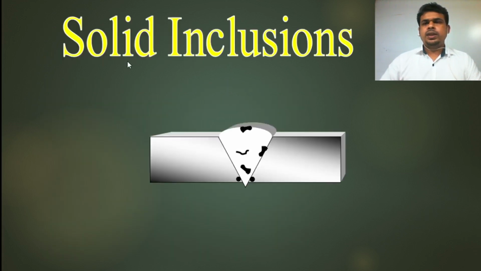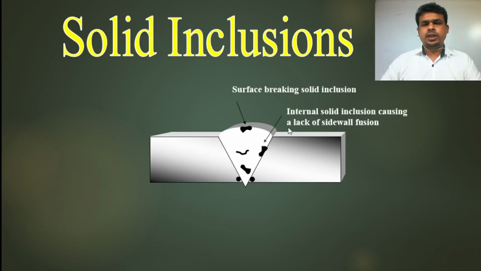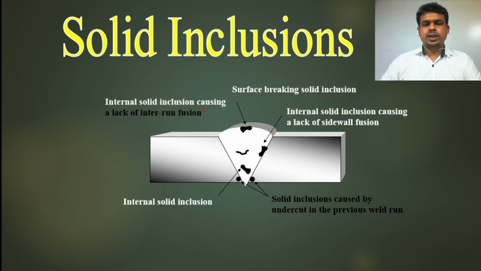Then you see on the figure here, I try to summarize the full lecture. This is the surface breaking solid inclusion. Then the internal solid inclusion causing a lack of sidewall fusion. Then you can see the solid inclusion caused by undercut in the previous weld run.